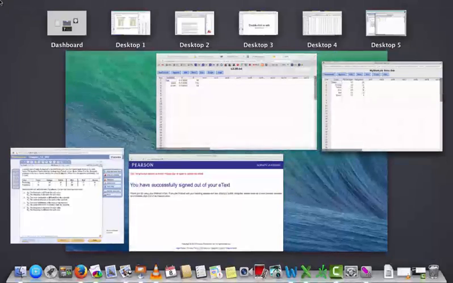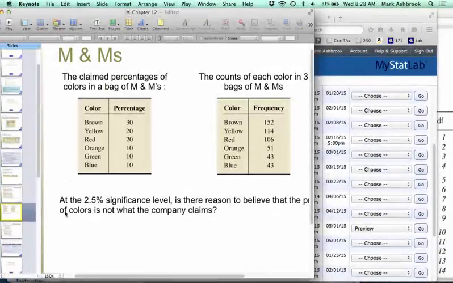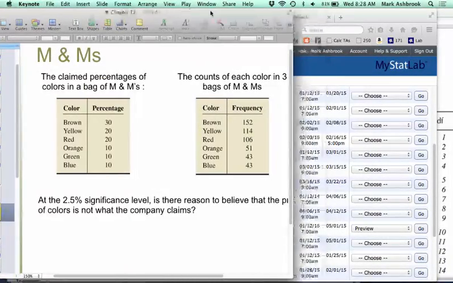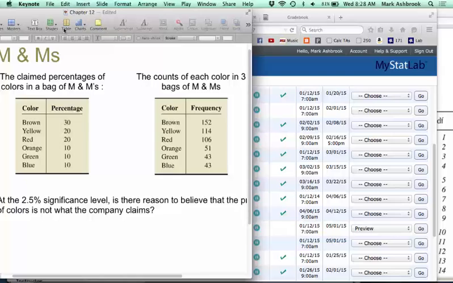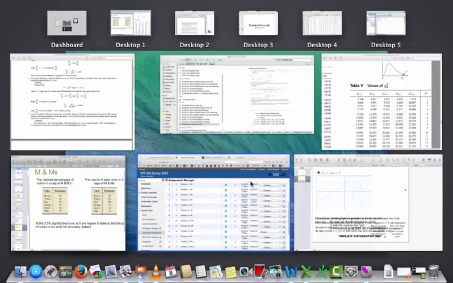On the one that I gave you, or let's go on to a different one here. And let's just use this one. Okay. So let's actually do this for the M&Ms.